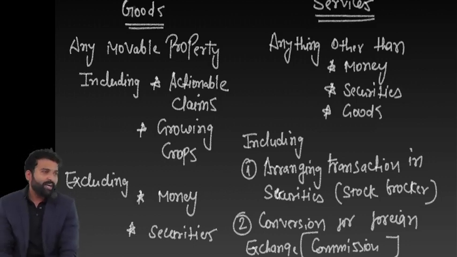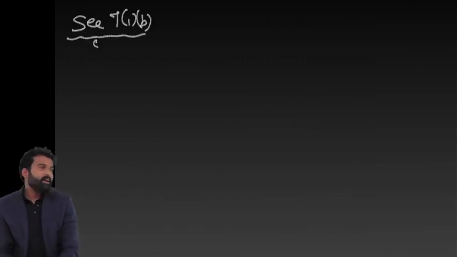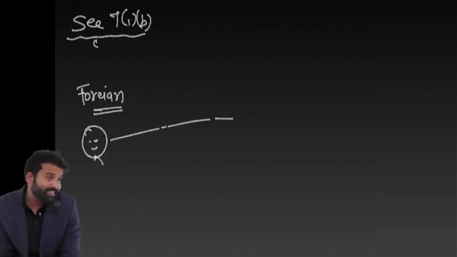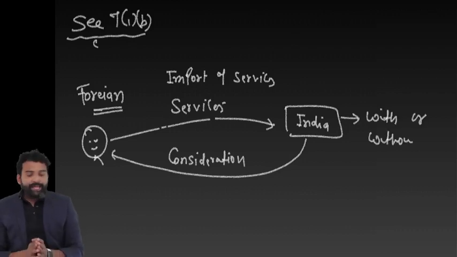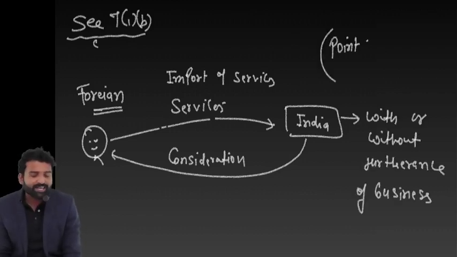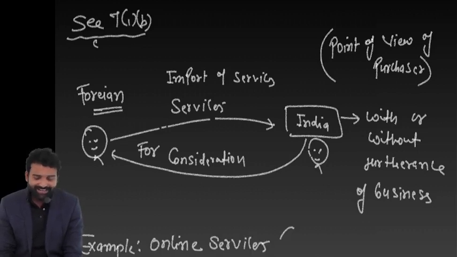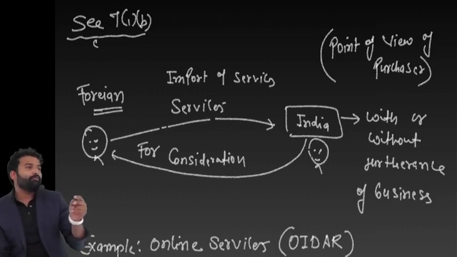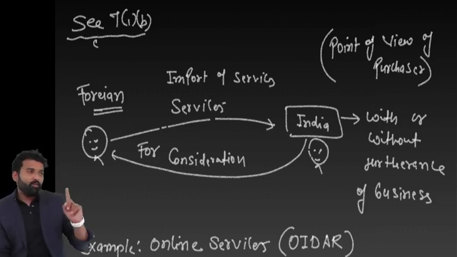Okay, so let's move towards 7(1)(b). And 7(1)(b) is about import of services. Now this is very important. Import of services for consideration. But there is one interesting line: with or without furtherance of business in India. For 7(1)(a), what was written?